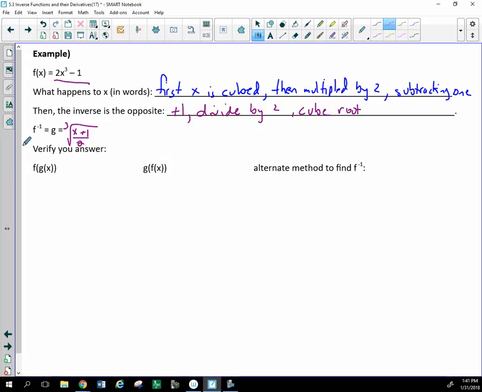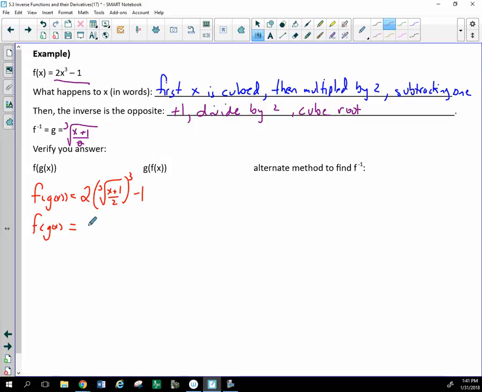So f of g of x means I'm putting this g of x into f, so f of g of x will get me 2 times the cube root of x plus 1 over 2, cubed, minus 1. And so that's me putting in g of x into f of x, and if I simplify this guy down, f of g of x.